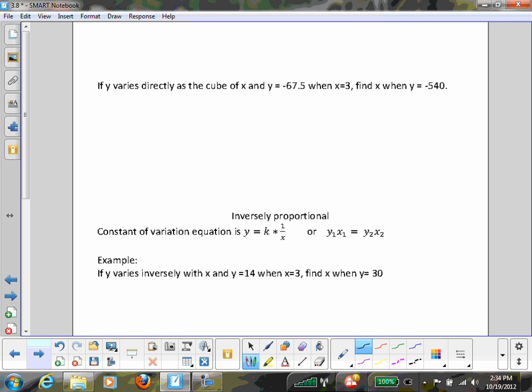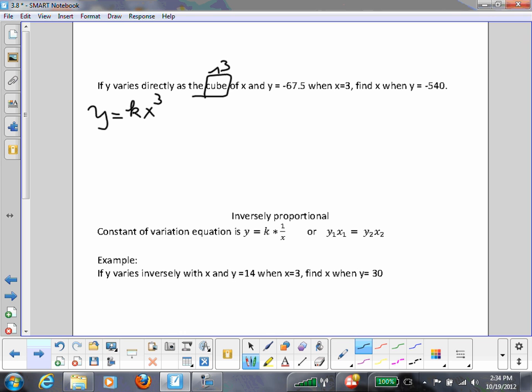Okay. If y varies directly as the what? Cube. What does cube mean? To the third power. So that means y is equal to k x cubed. Y is negative 6.75 when x is 3.